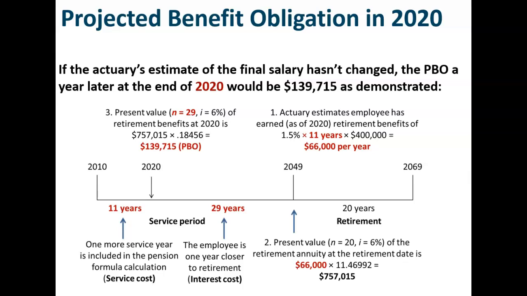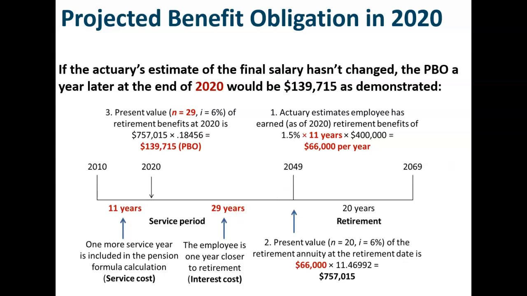You should note that there are still 20 years in the retirement period, but she has put in 1 more year of service. Therefore, years of service at the end of 2020 are 11 years, and by putting in 1 more year of service, she's 1 year closer to retirement. So the period between the current year and the retirement is 29 years.